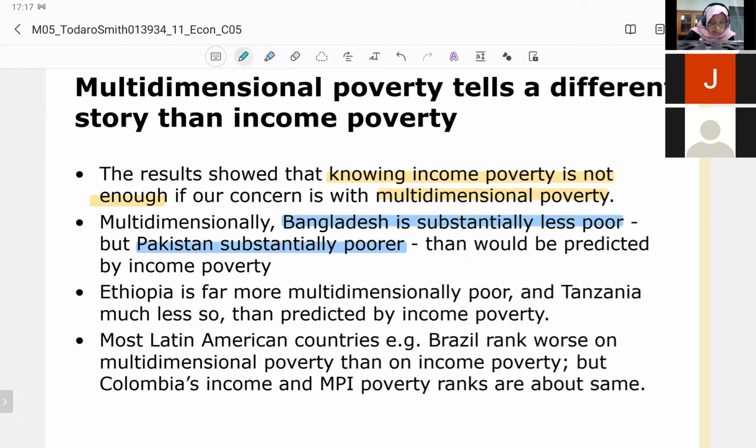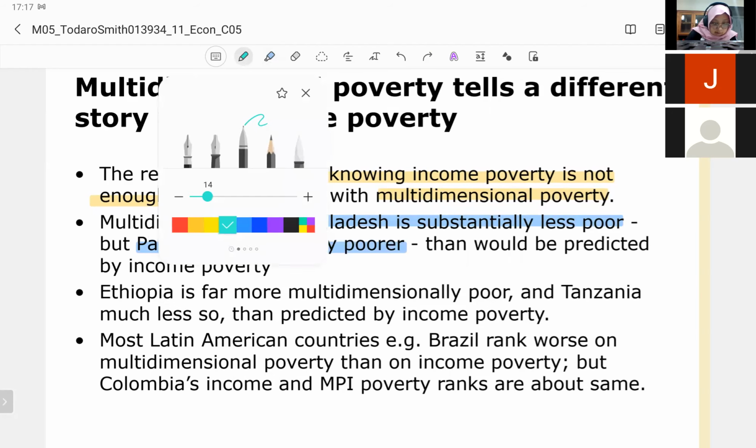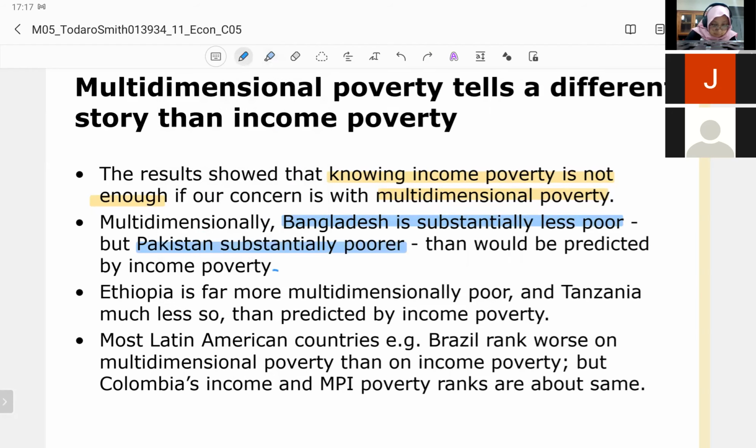So based on, let me use other color, blue. This is based on the MPI, but based on income, Bangladesh is poorer.